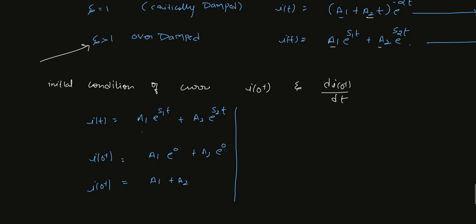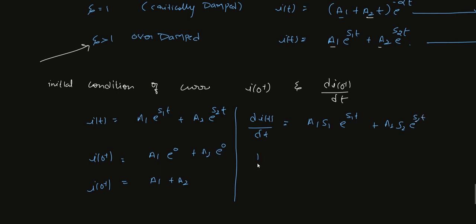Likewise, differentiate this equation, that is di of t by dt is equal to a1 s1 e power of s1 t plus a2 s2 e power of s2 t.